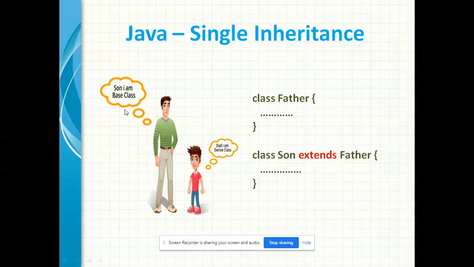You can look at this simple example. Father will come with some characters, like genes. Son will get a copy of the father's characters, nothing but the genes, as well as the son may come with his own characters.